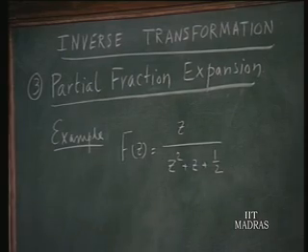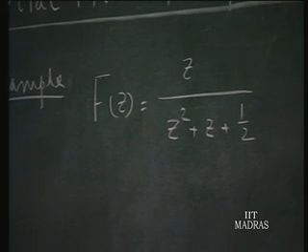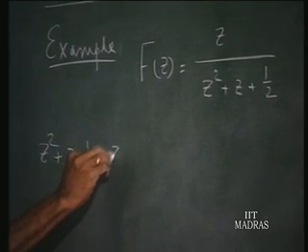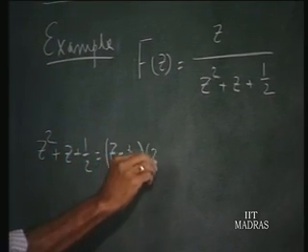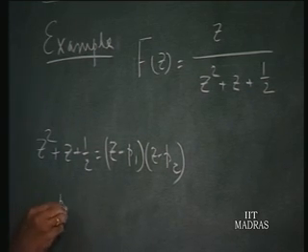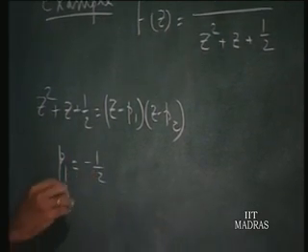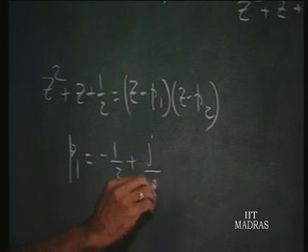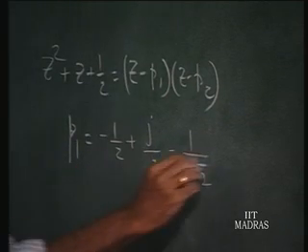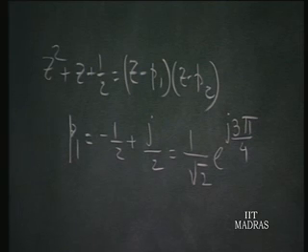The poles associated with this quadratic term in the denominator are, so if you take z squared plus z plus half as (z minus p1) times (z minus p2), where p1 and p2 are the poles, you can show that p1 equals minus half plus j upon 2, which can be further written as 1 over square root of 2 e to the power of j 3 pi by 4. That is one way of expressing p1.